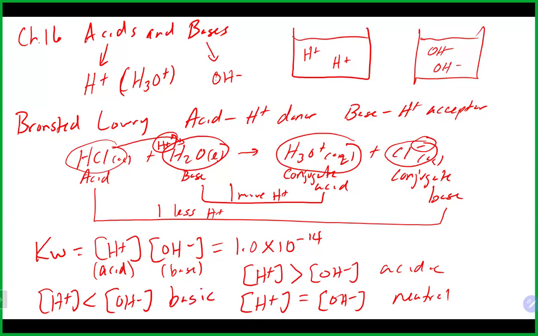So we can compare the concentrations and figure out if it's acidic, basic, or neutral. It's really the same calculation regardless of what you're given. You're basically going to take the concentration you're looking for, take 1 times 10 to the -14 and divide it by the other concentration. And again, you'll get what you need there.